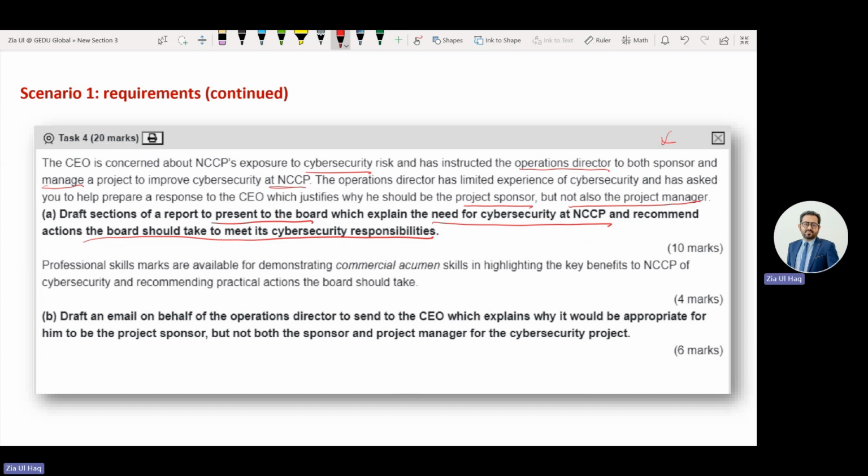What else could be a cybersecurity risk? The hacker could access the company website and alter the information on the website that could affect the repute of the company in society.